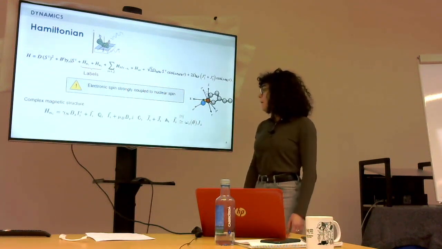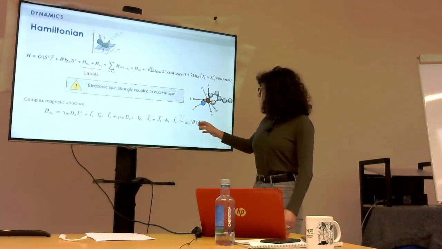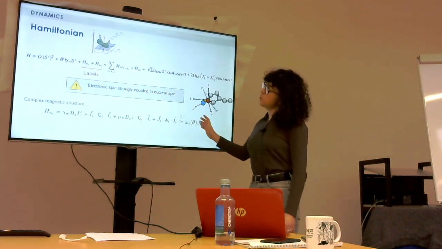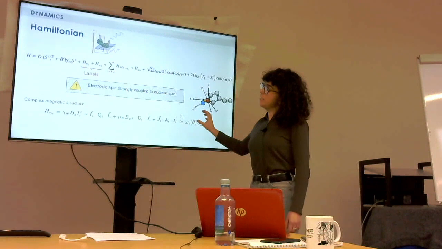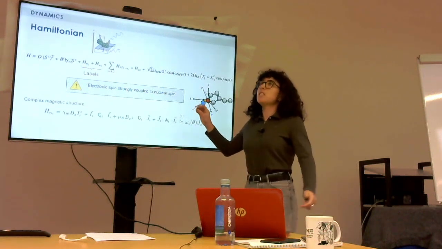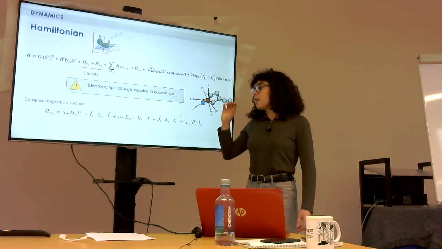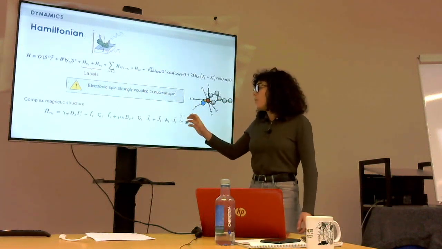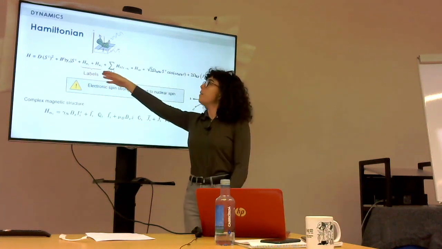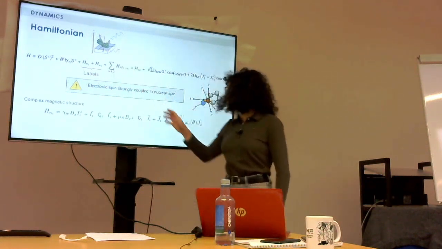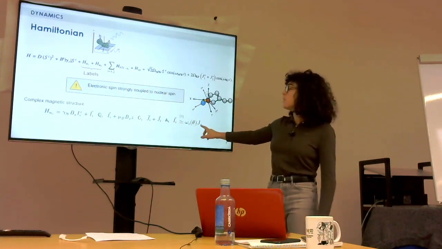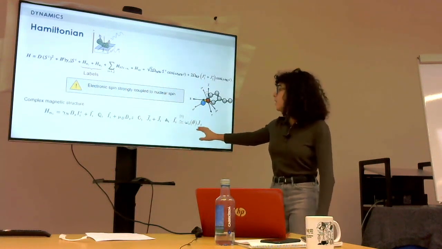This expression can be obtained by treating perturbatively the nuclear spin operators that are orthogonal to the external magnetic field, and that's why we are left with a spin operator which is aligned with the external magnetic field.